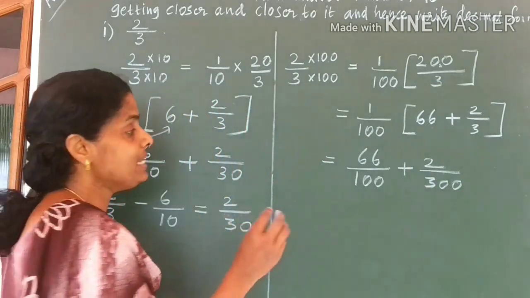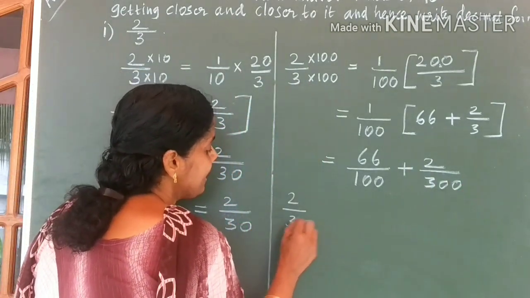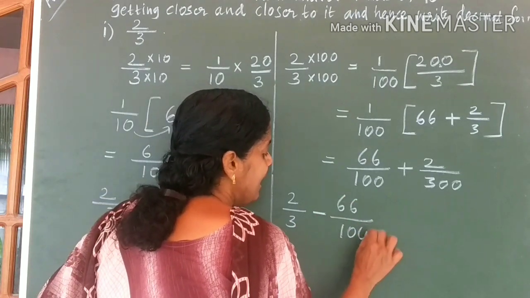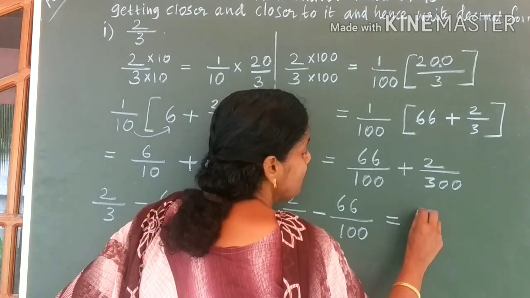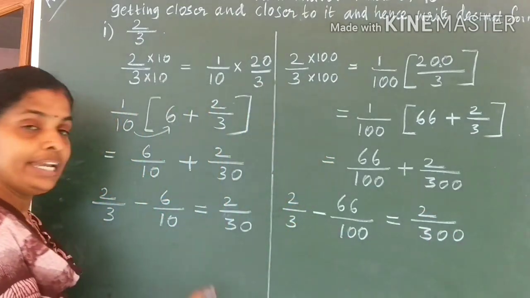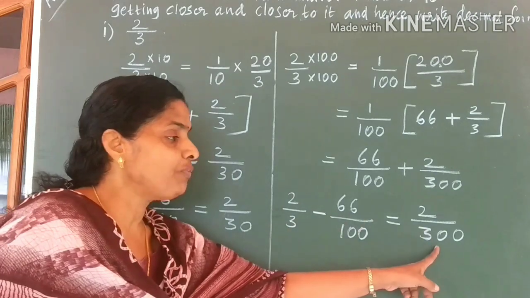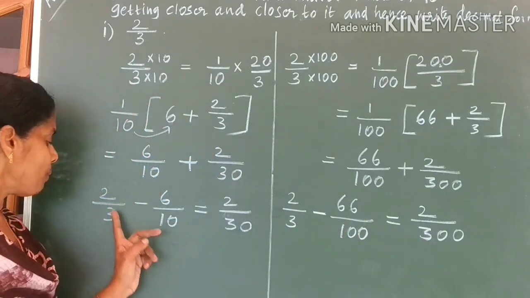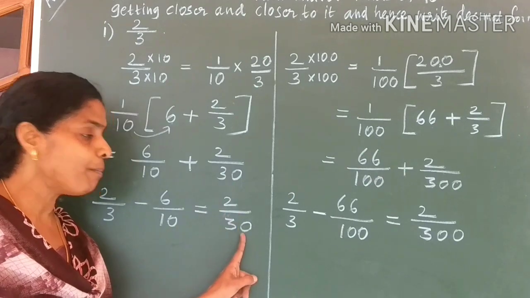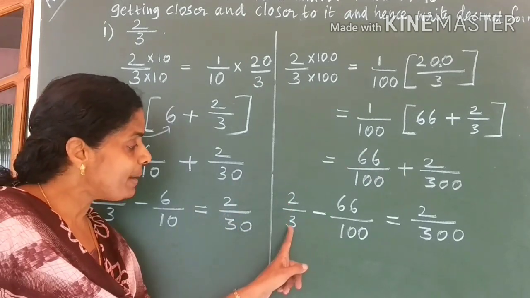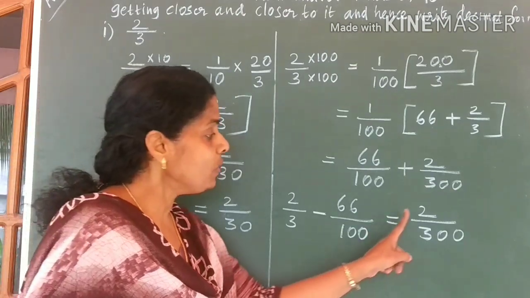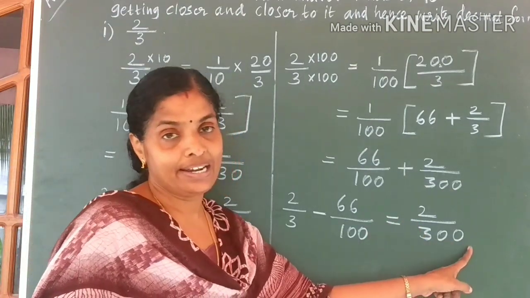Or otherwise, 2 by 3 minus 66 by 100 will be equal to 2 by 300. Now compare these two fractions. 2 by 3 minus 6 by 10 gives you 2 by 30. 2 by 3 minus 66 by 100 gives you 2 by 300.